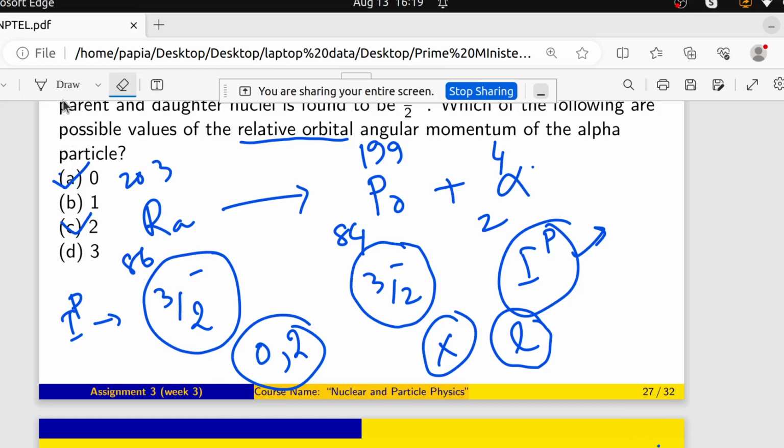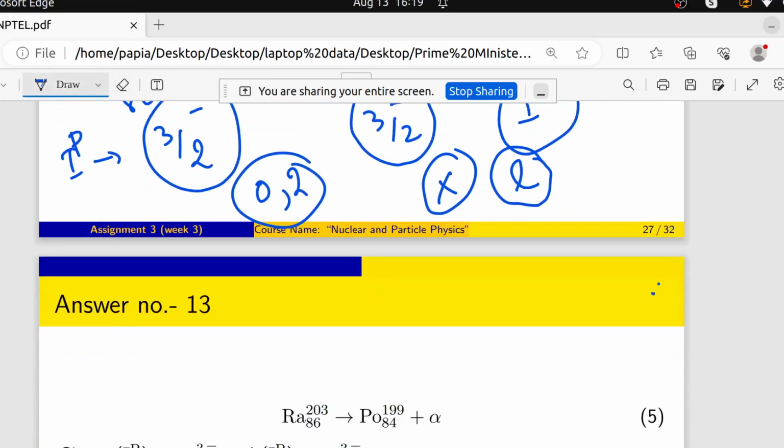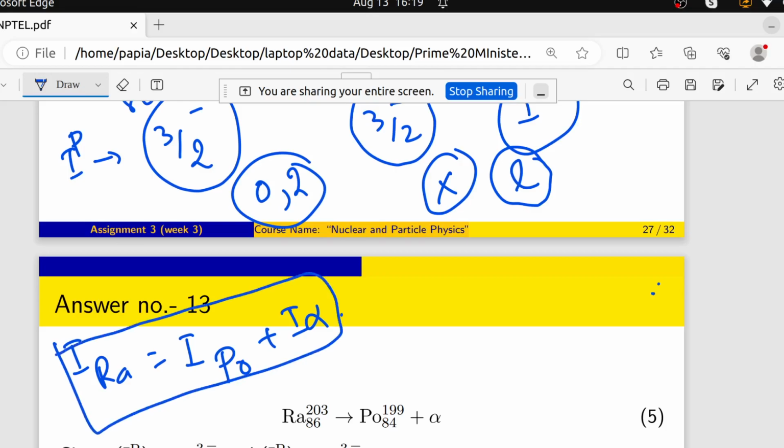So from the angular momentum conservation point of view, we can write that total angular momentum on the left hand side, I of Ra, should be equal to the addition of all the daughter angular momentum. That means I of Po plus I of alpha. So this should be conserved, right?